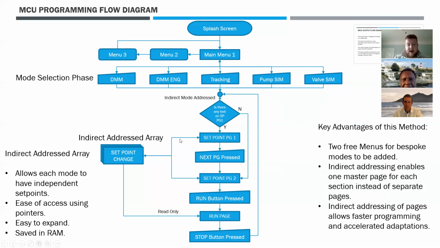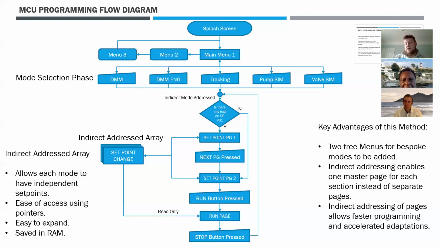So that's the main focus of this project: going the indirect addressing route, showing this system can be easily expanded. The advantages of indirect addressing are that it allows each mode to have independent set points, it's easy to use and access because it uses pointers, and it's very easy to expand.